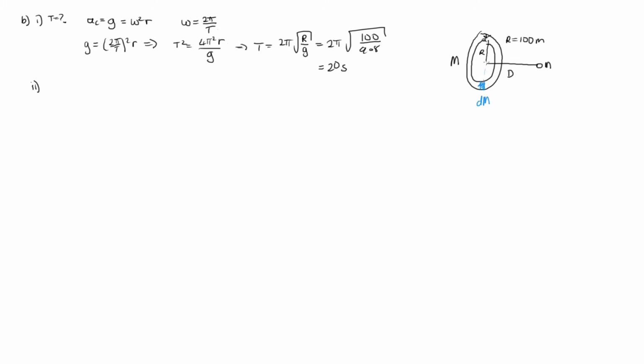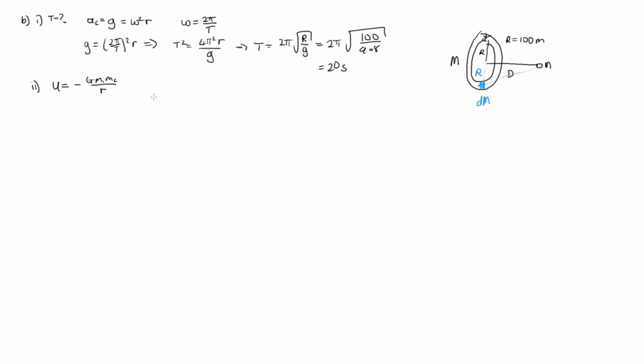But let's just consider the contribution from this little part, and you can see the distance away from the center is r, and then this distance is d. So the distance between dm and m here is given by the square root of r squared plus d squared. So we know that our formula for gravitational potential energy is U is equal to minus G m1 m2 on r.